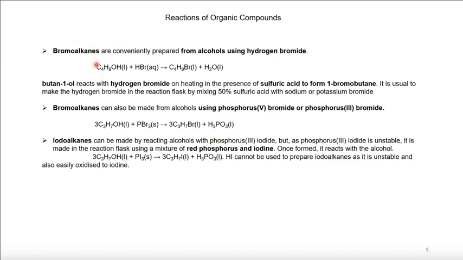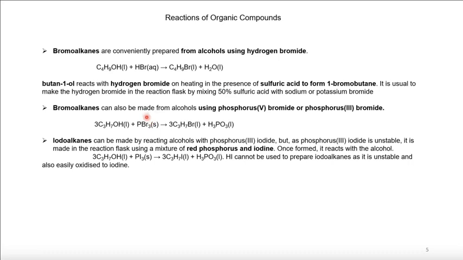Bromoalkanes, we do have two different types of preparation techniques. We can take an alcohol and heat with hydrogen bromide and get bromoalkanes. We can also do it in the presence of sulfuric acid.